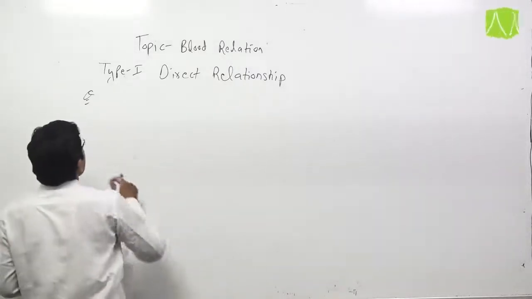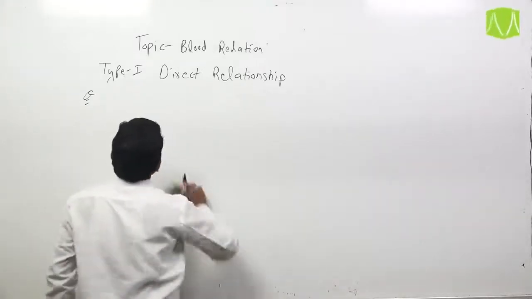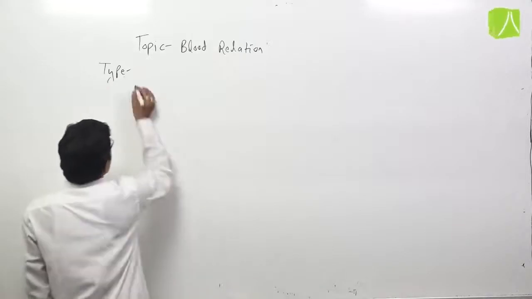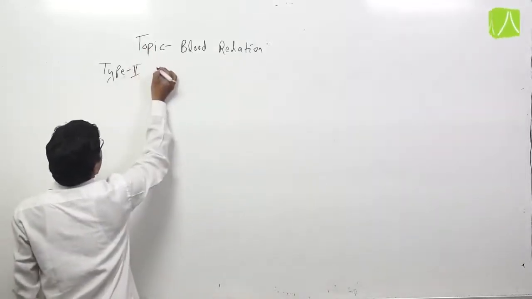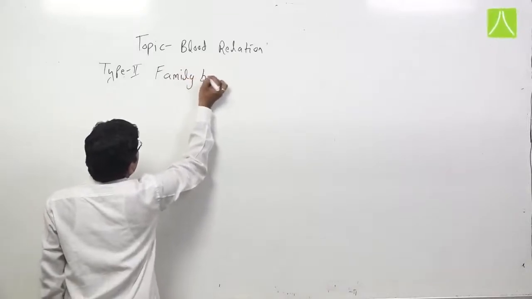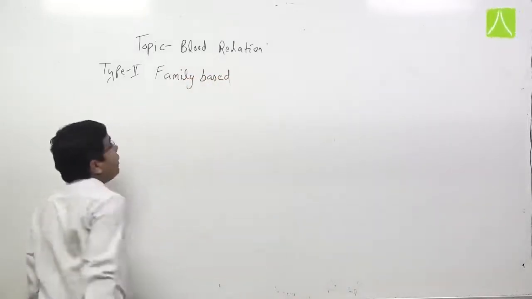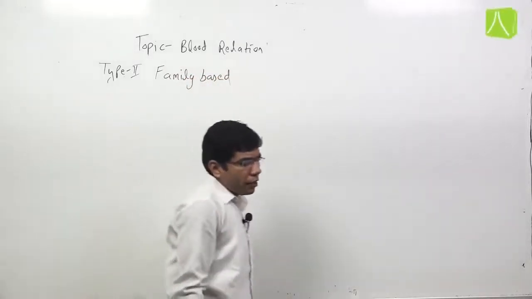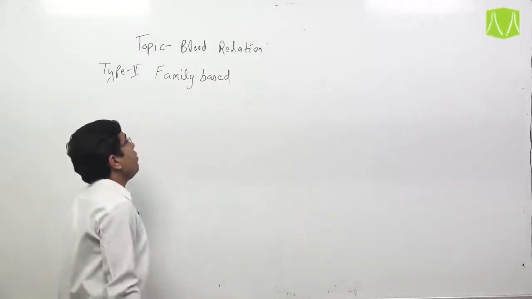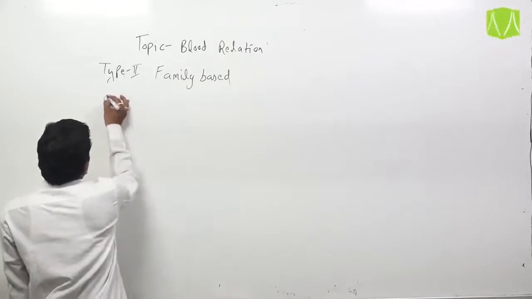Which is based on our type number 2, it is family based. In this type, there are some persons, between them relations are defined.